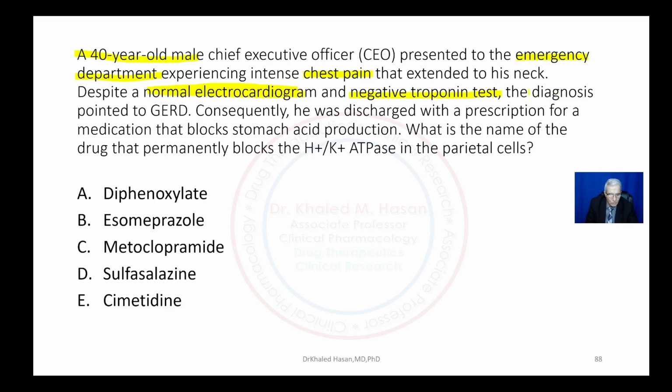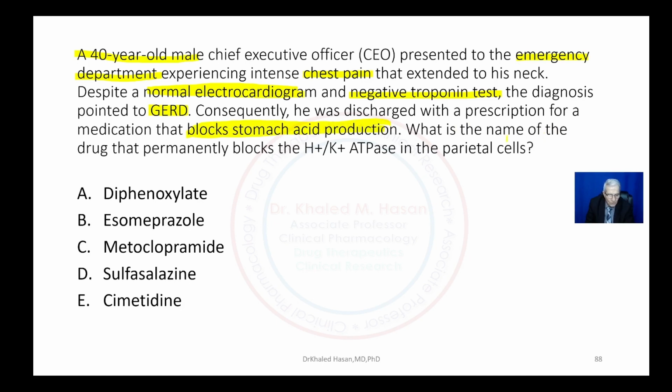The patient was diagnosed with GERD, gastroesophageal reflux disease. Consequently, he was discharged with a prescription for a medication that blocks stomach acid secretion.